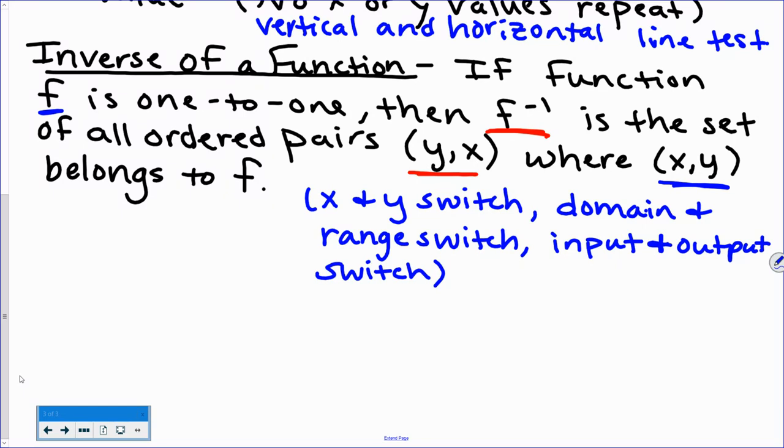All right, so we'll look at a couple different ways where we can see the inverses, and if things are one-to-one. We're going to look at just given some points. We're going to look at some graphs. We're going to look at equations.